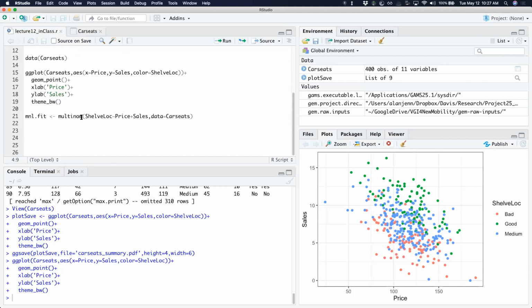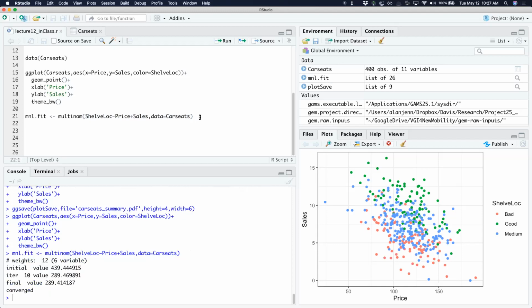Unlike last time where we used glm, which is a more generalized function, multinom knows that you're trying to do specifically logistic regression, so all you have to do is put in the variables in a similar way as the linear model. You don't need to put the link in the function because it knows that you're doing a logit link here. And then data from Carseats. So we'll run this and see what happens.